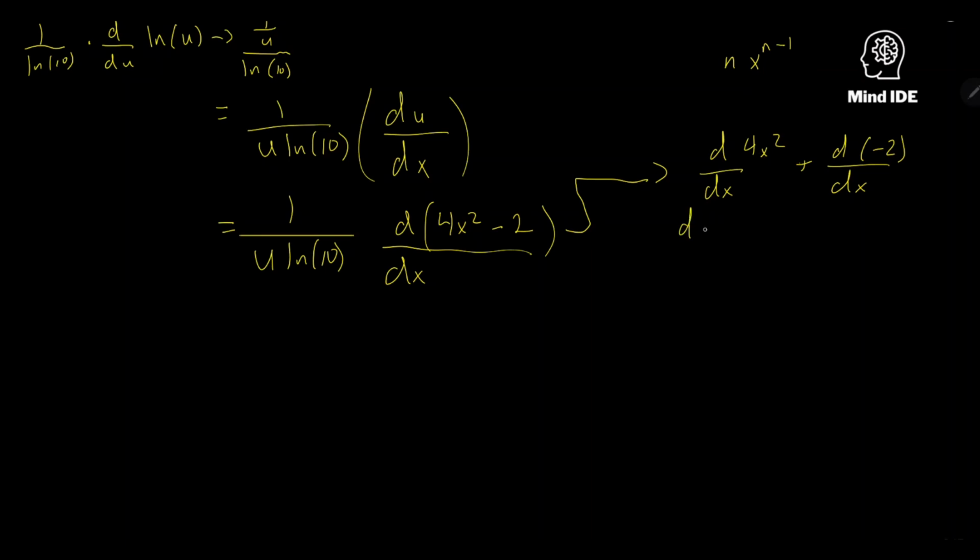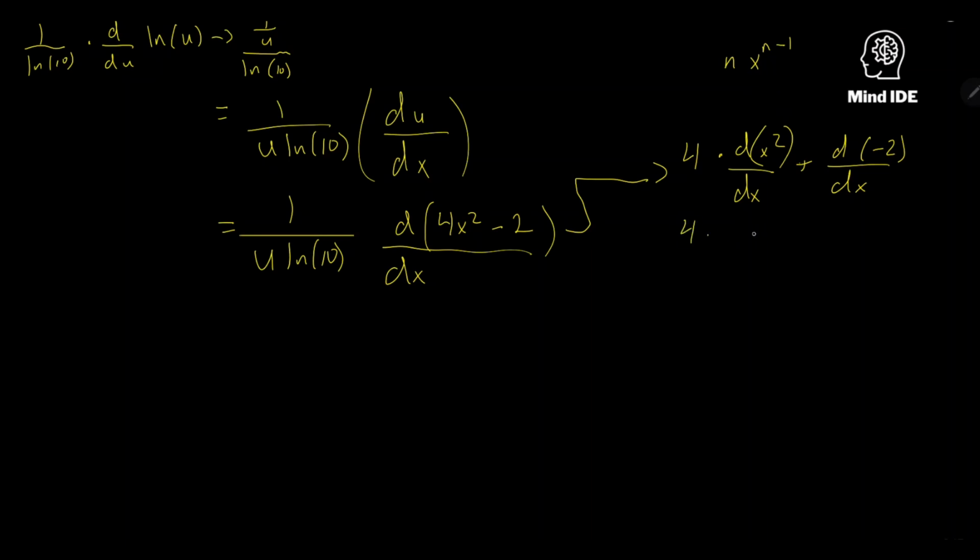So we can split this into parts. d of 4, because there's nothing there, times d of x squared. So 2 would be your n in this case.